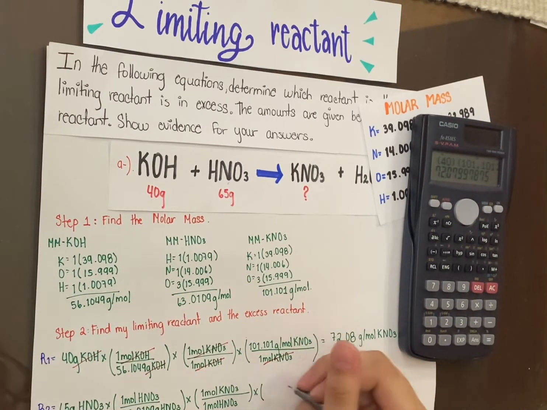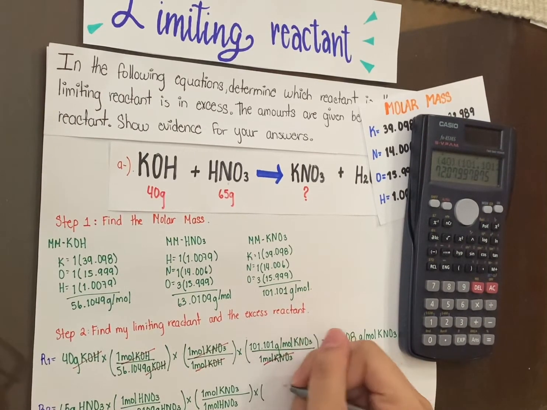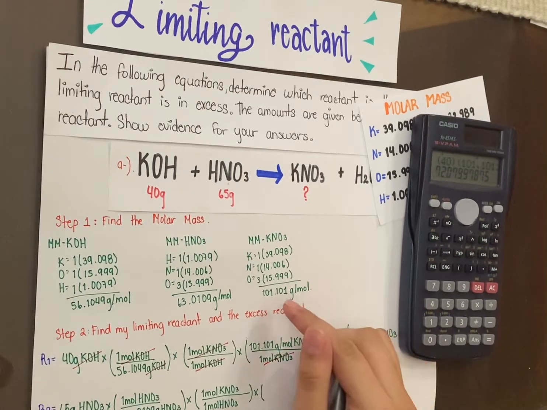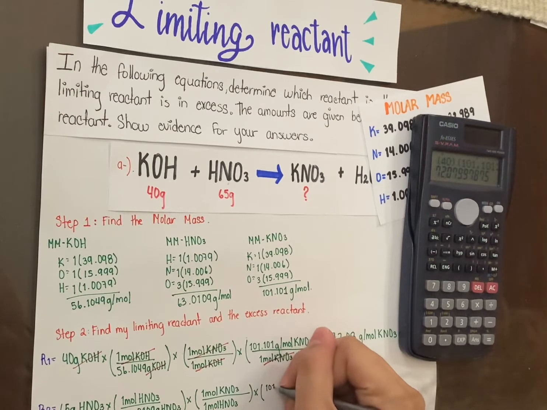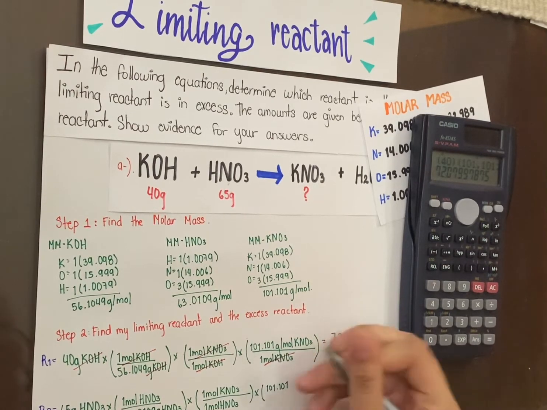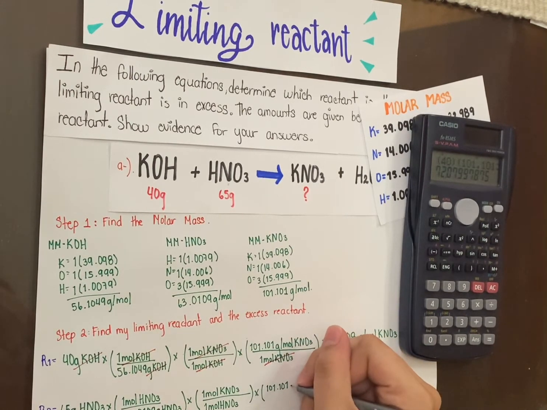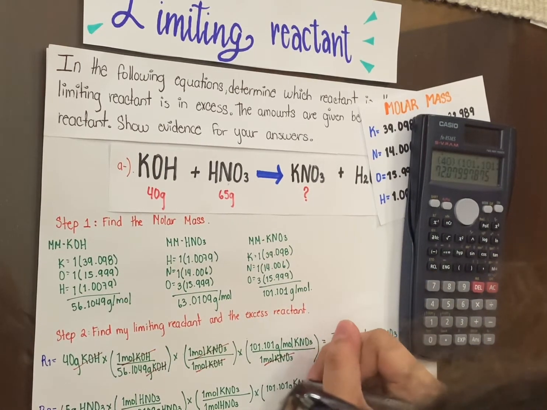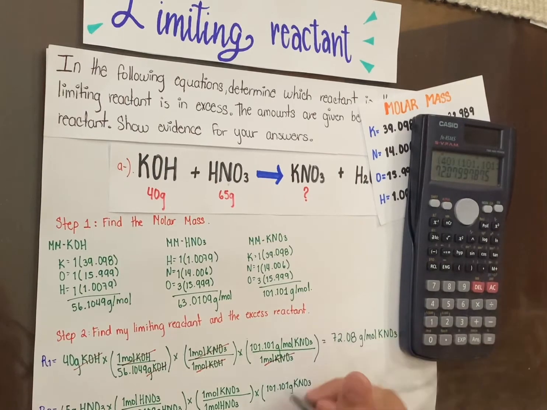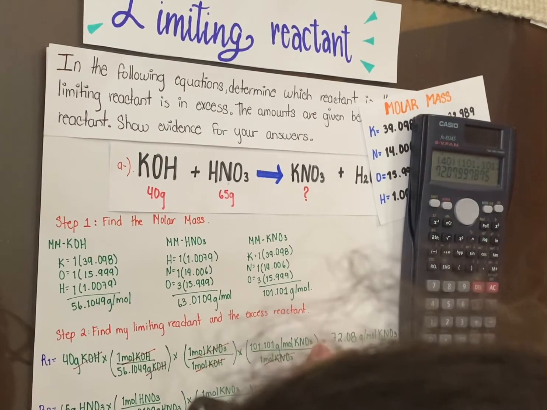And here we are going to put the molar mass of the one that we are finding, that is 101 grams over 1 mole.